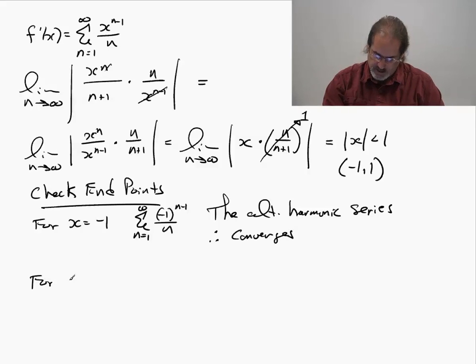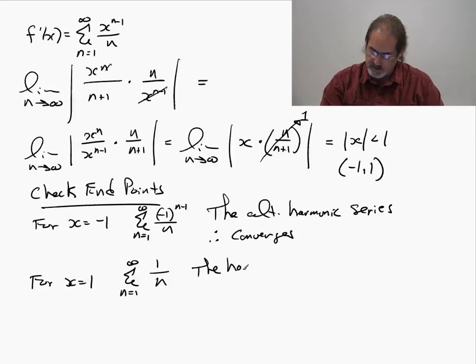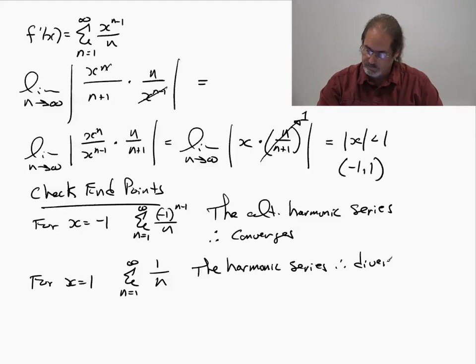So I need to take a look at x equals 1, that will give me the sum n equals 1 to infinity of 1 to the n minus 1 over n, which is just simply 1 over n. That is the harmonic series. Therefore, I know that it diverges.